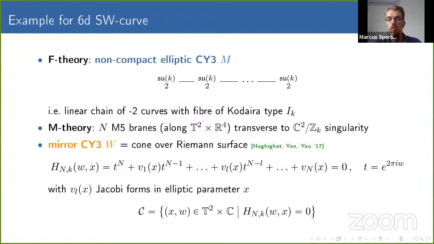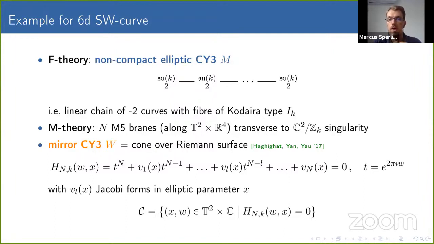Fully equivalently, you can use the dual M-theory picture with M5-branes that have a 6-dimensional world volume, which I can choose to be along a torus times a remaining 4-dimensional real space. These M5-branes are transverse to an A-type singularity. That gives you the equivalent setup.